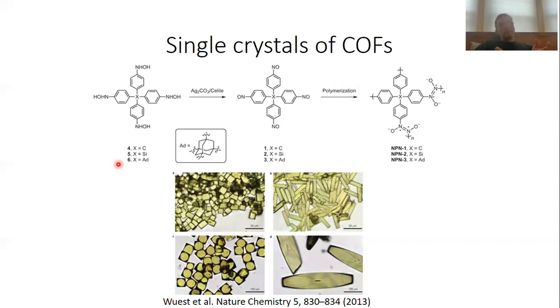The reason why metal organic frameworks form single crystals so easily is because the metal-ligand dative bond is so easily reversible. In covalent organic chemistry, the bonds are still reversible, but not as easily reversible, and that leads to the crystals tending to be smaller. So you get crystalline materials, but the crystal sizes are not large enough for single crystal X-ray diffraction analysis. So that's another limitation in this field.